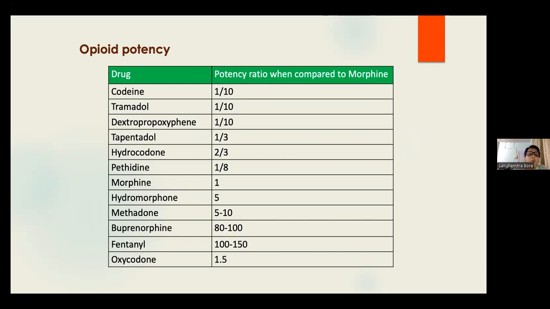This is an opioid potency chart where the ratio is generally compared to that of morphine, where morphine is standard as 1, and the other opioids that are available to us, the potency ratio is being compared to morphine. So the highest potency is that of fentanyl, which is around 100 to 150. And the lowest would be for codeine, tramadol, and dextroamphetamine.